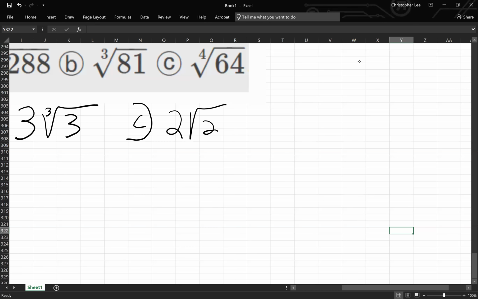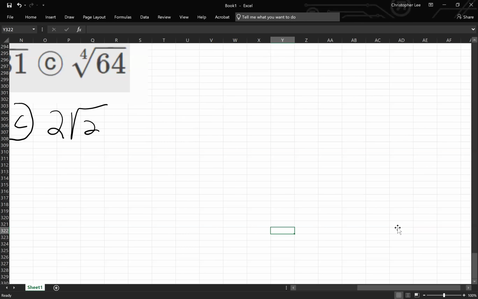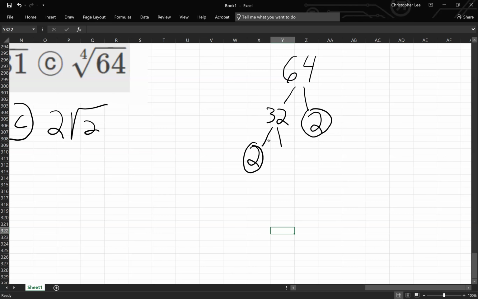I think it'll be easier to do this one if we use that method that I had before. So start off, you have 64. Break it down. It ends in 4, so you know that this thing is divisible by 2. So this is 2 times something. 32. 32 is also divisible by 2, so that's 2 times something.